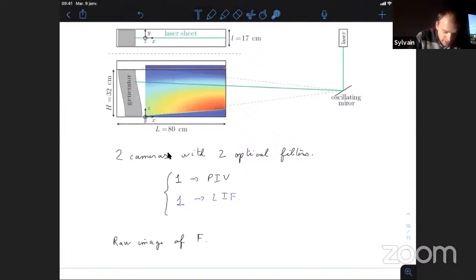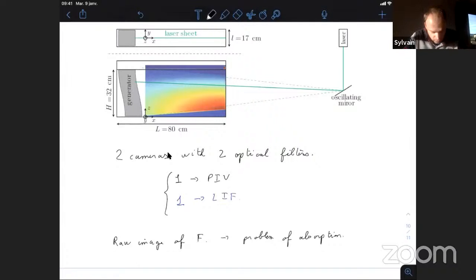At each step, you have absorption, so the emission is smaller and smaller. You have the problem of absorption. It's a compromise, because it is also what you want to measure.